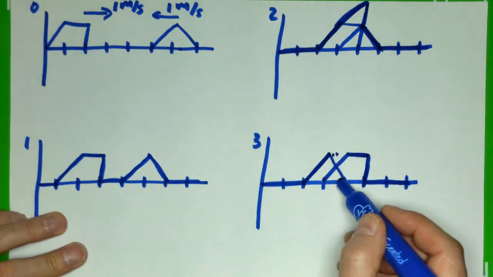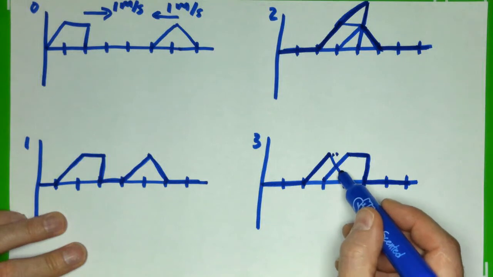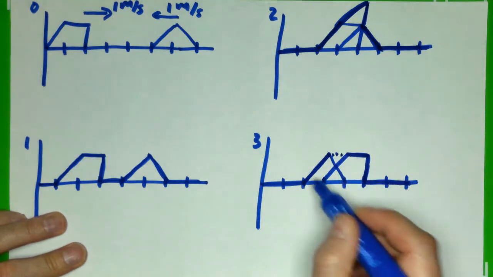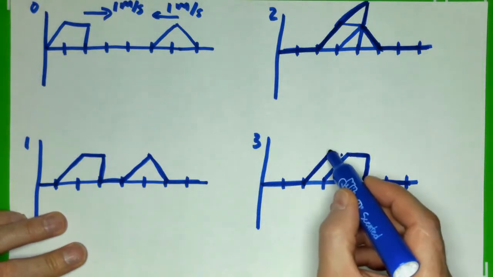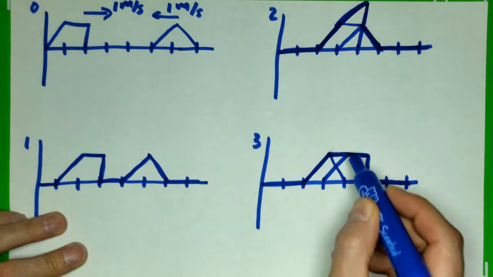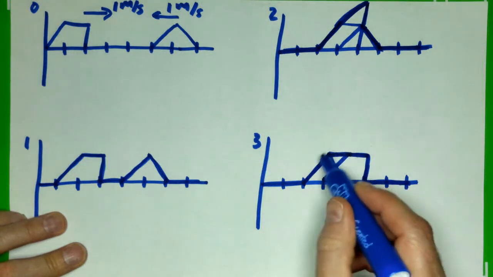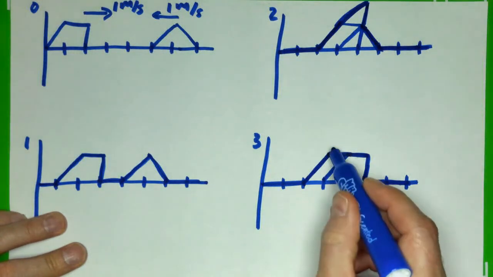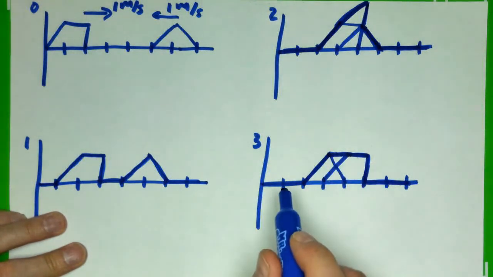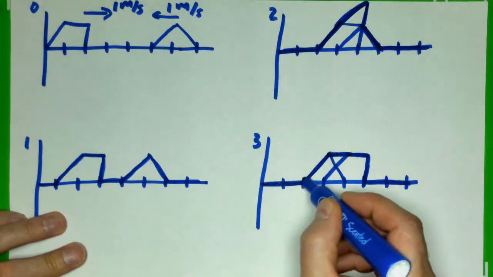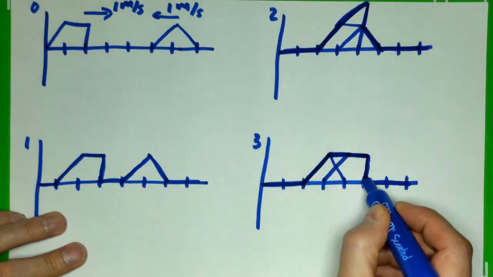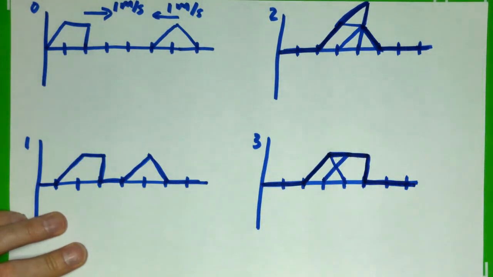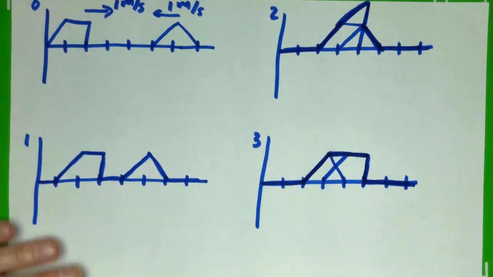If I'm 3/4 of the way through this gap, I have a quarter plus 3/4 is 1. And I can keep doing that, and the end result is a straight line across. So this, because they're equal and opposite slopes, they're going to add up to the same value across. And so now this piece of string looks like that all the way across. That is the principle of superposition.